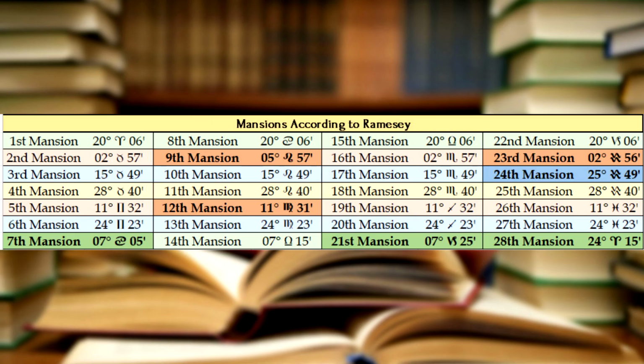The 2nd and 16th mansion start at 2 degrees and 57 minutes, but the 9th mansion is at 5 degrees and 57 minutes. Well, to me it seems pretty clear that 5 was a typographical error, and we meant to have 2 degrees here, because it seems odd that this mansion would be exactly 3 degrees shorter to the minute, also ending in 57 minutes, than the others in this set. That seems very strange to me.